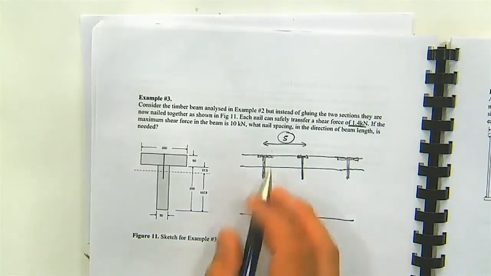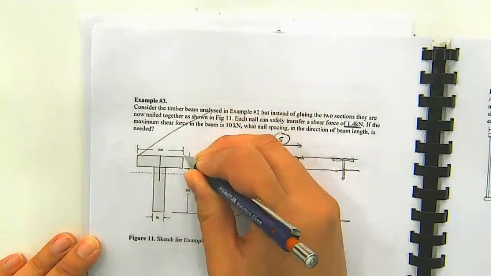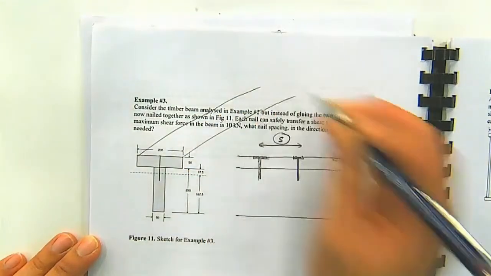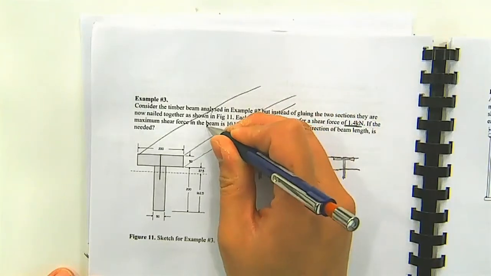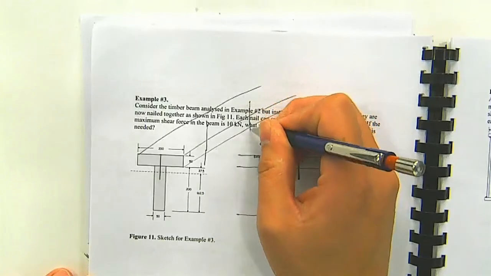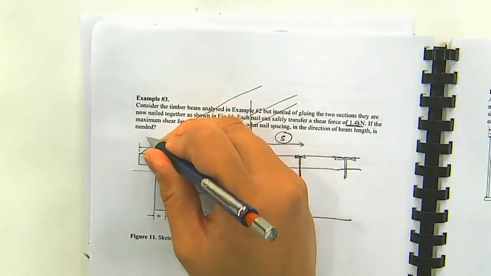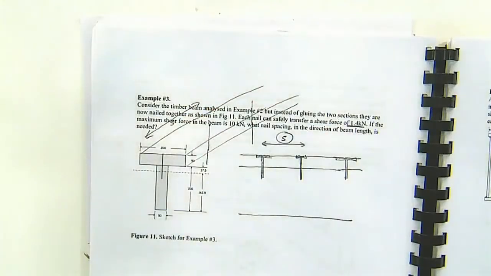With our nails, as we saw last time, along the longitudinal axis of the beam, you don't want to put a nail at every millimeter. So there will be a discrete spacing s between the nails.